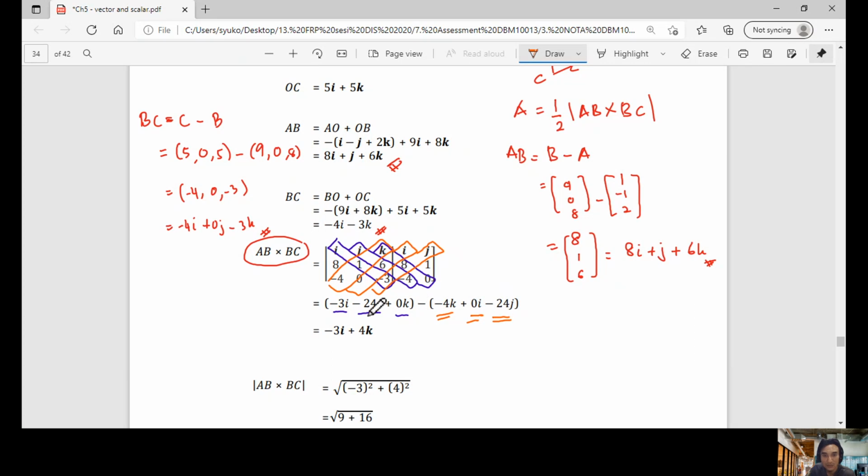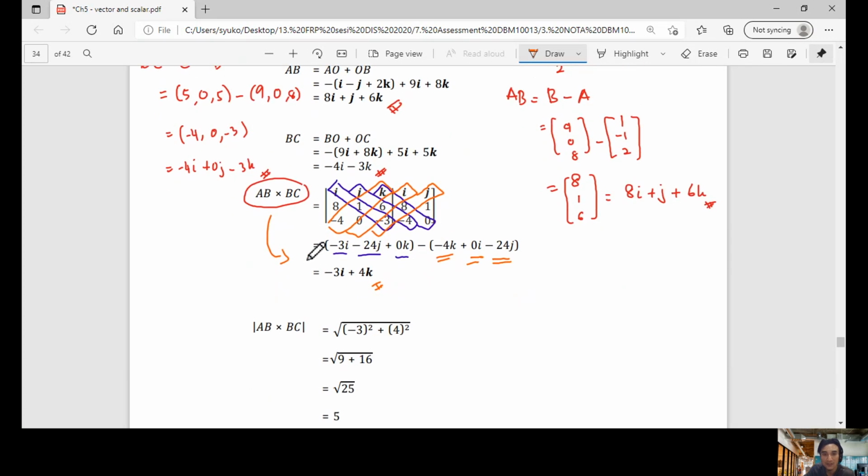Okay, and then this one minus this one, so you guys will get the answer negative 3i plus 4k, which means negative 3i minus 0i equals negative 3i, negative 24j minus 24j equals 0j, 0k minus negative 4k equals positive 4k. So this is the answer of the cross product AB times BC. Okay, so this is just for your revision.